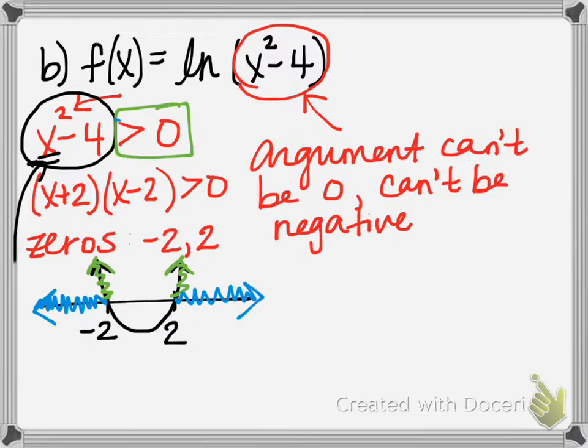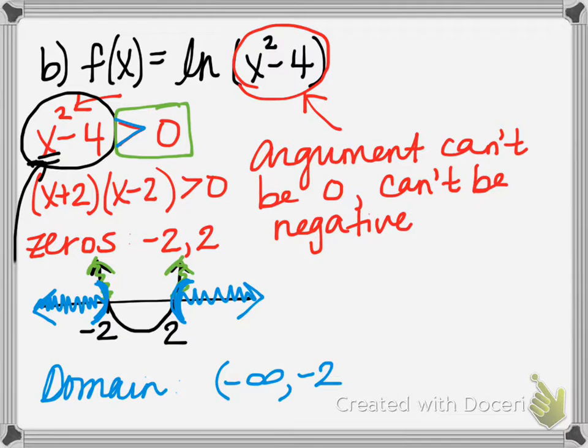And because it was simply greater than 0, not equal to, we would not want to include negative 2 or positive 2 in our domain. So our domain will have two intervals. The first interval is from negative infinity to negative 2 with a parenthesis, and our second interval is from 2 to positive infinity for our domain values.